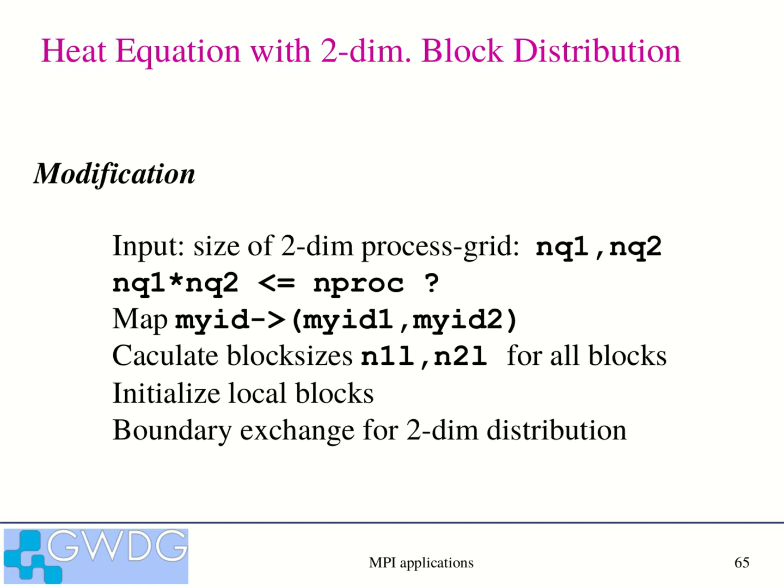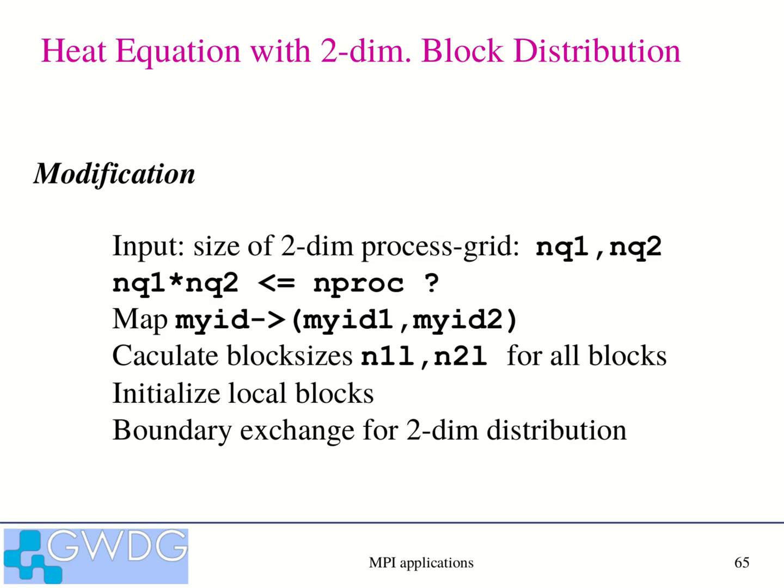So then I have to map the task IDs, which are in my initial communicator MPI comm world, which are linearly numbered from 0 to n process minus 1, to two-dimensional numbering with a two-component indication.